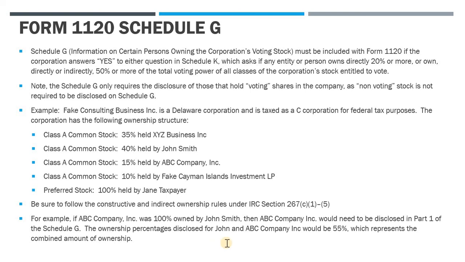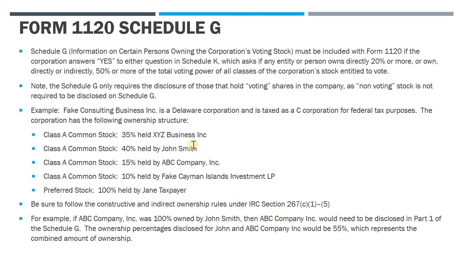In this case, we would list both John and ABC Company, and for the maximum percentage owned, we would put 55%. That would illustrate to the IRS that John beneficially owns 55%, and ABC Company more or less effectively controls 55% of the company as well, because of John's ownership stake.